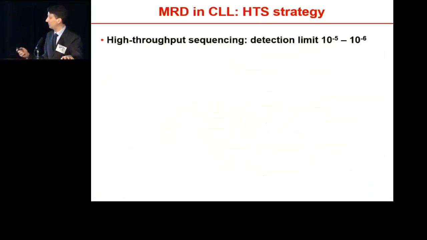In the future, as I said, it is possible that we will be improving our techniques, and one is for sure next generation sequencing, which is claiming to reach a threshold of 10 to the minus 5, if not 10 to the minus 6, so one cell out of 1 million leukocytes.